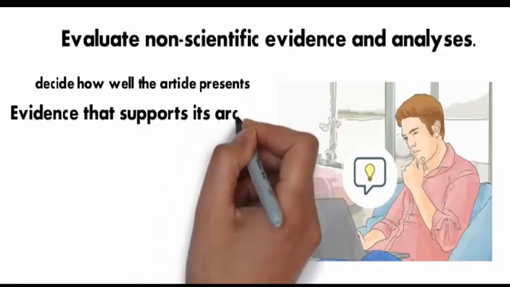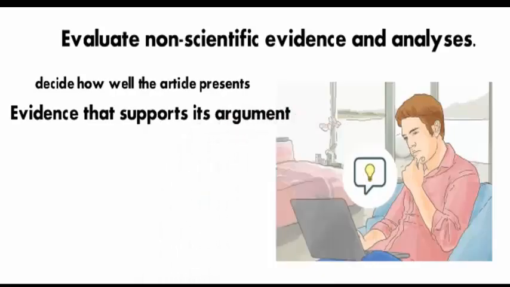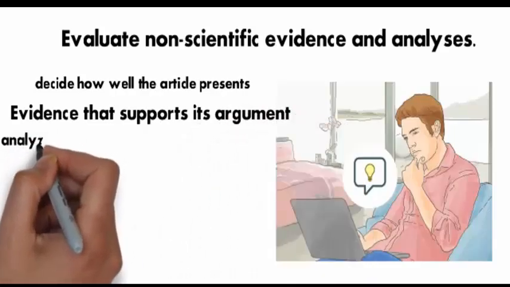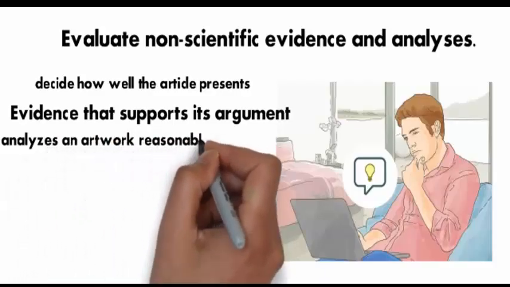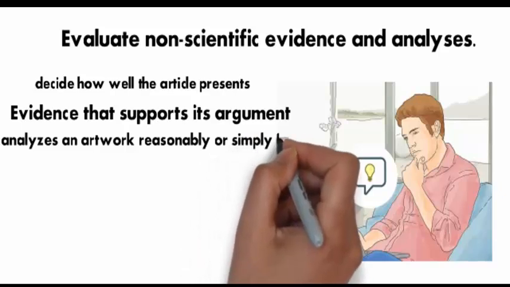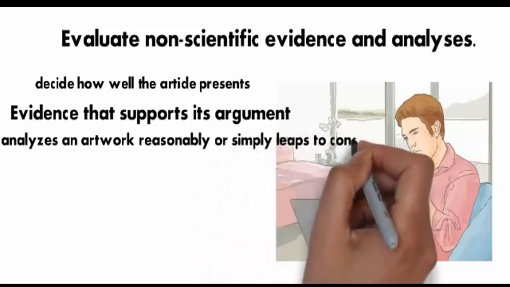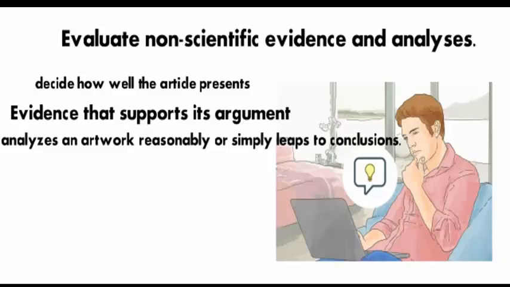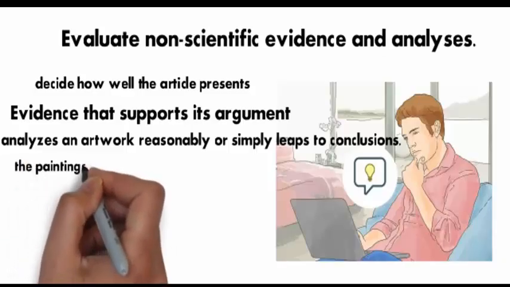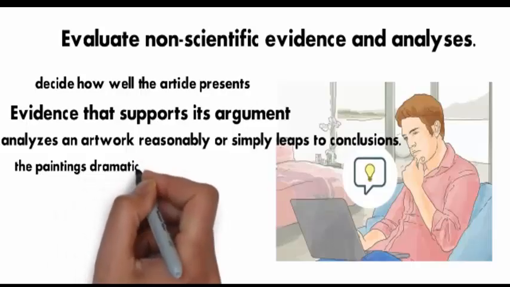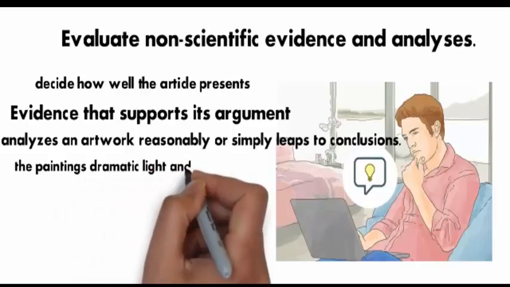For example, if you're reviewing an art history article, decide whether it analyzes an artwork reasonably or simply leaps to conclusions. A reasonable analysis might argue, "The artist was a member of Rembrandt's workshop, which is evident in the painting's dramatic light and sensual texture."